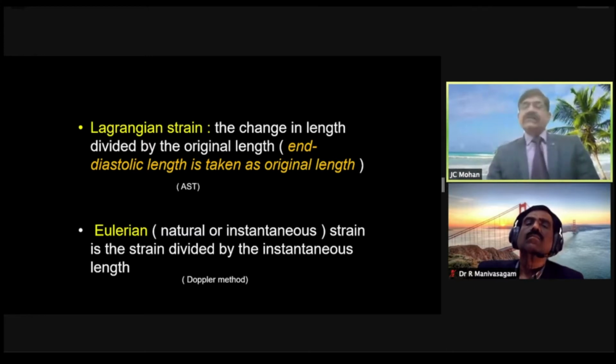So most of the parameters which we report are Lagrangian strain, because that is by acoustic speckle tracking. However, Eulerian strain, or natural strain, is strain divided by the instantaneous length, and that can be derived by Doppler method, but we don't report Eulerian strain, and in clinical practice we are only using Lagrangian strain.